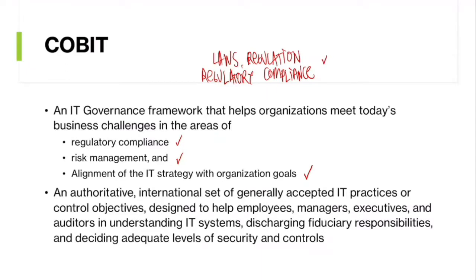That is, COBIT is more reliant or has more focus on complying with the rules, the laws, and regulations. That's why it has been adopted better by auditors and the government.